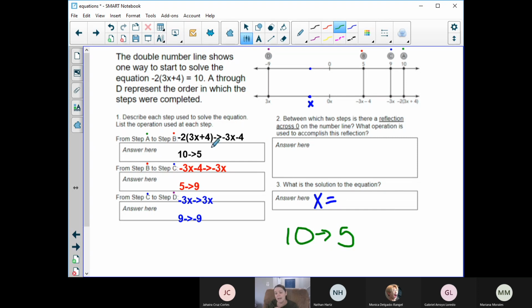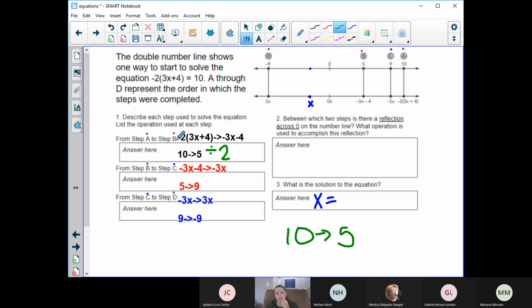And what did they divide by to get 5? We divided 10 into how many parts? Right. So the first thing we did from step A to step B was to divide by 2. Okay.